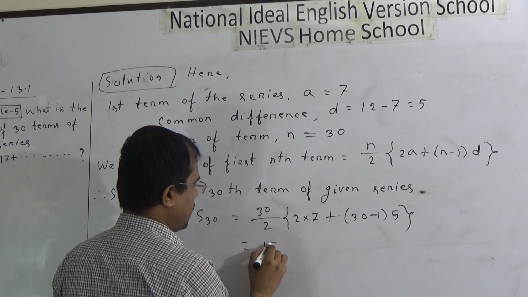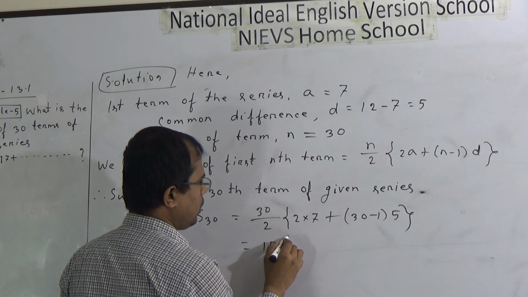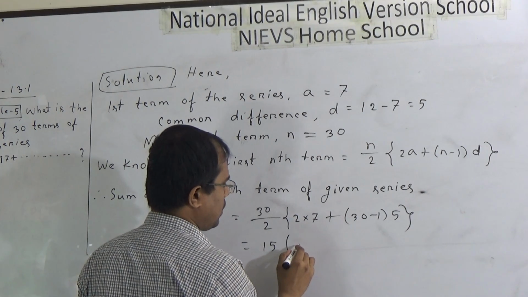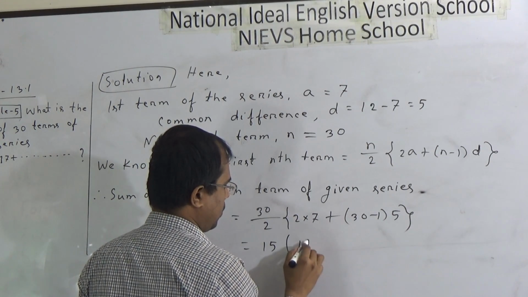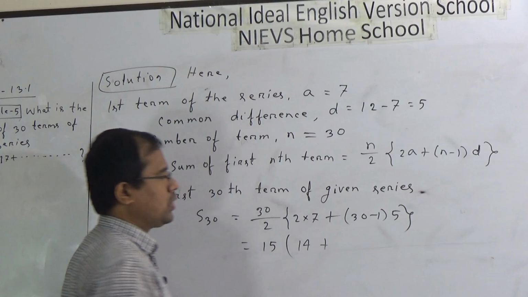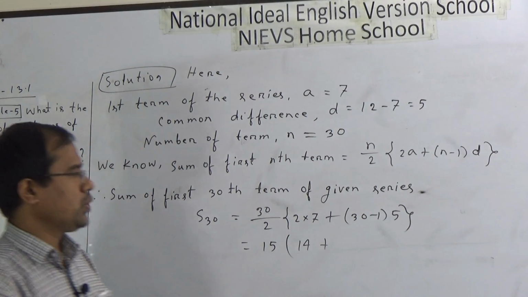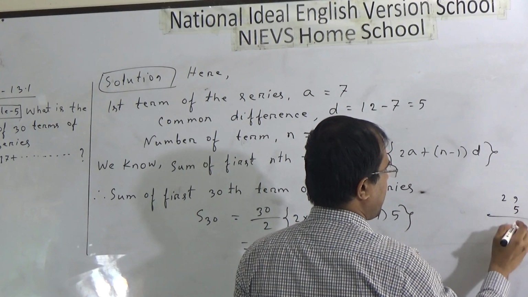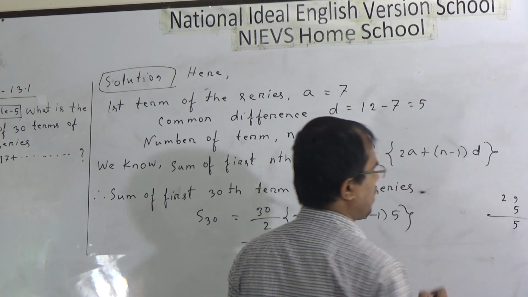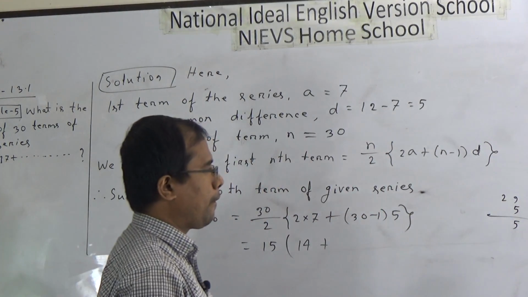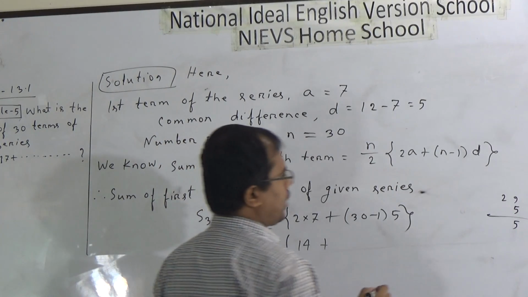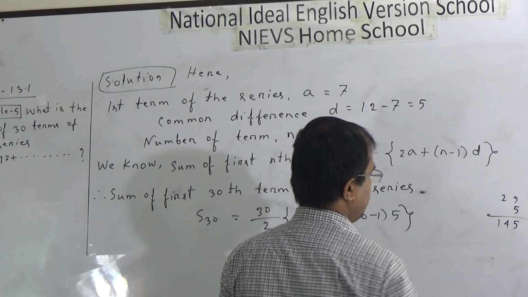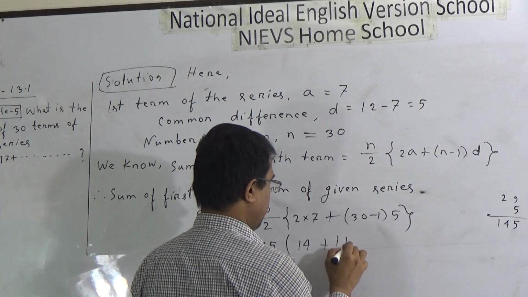30 divided by 2, this is 15. Now 2 7s are 14 plus 30 minus 1, that is 29, and if we multiply 29 by 5, then 5 9s are 45. From 45 we will write 5, carrying 4. 5 2s are 10, 10 plus 4 equal to 14, that means 145.